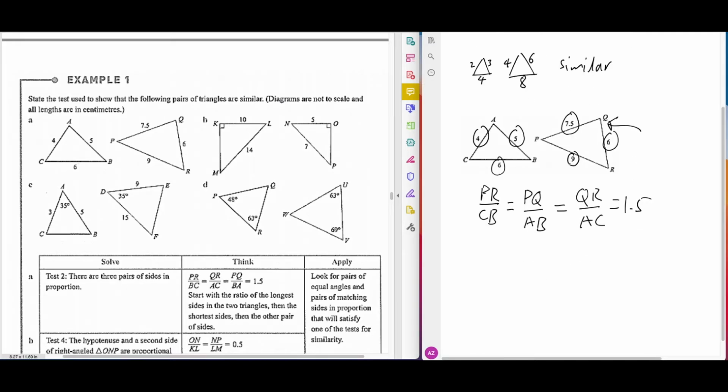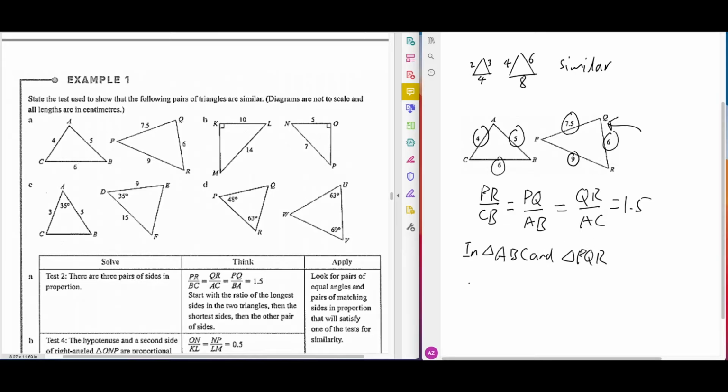So if you want to actually write the proper reasoning, this is how you will do it. Remember, when you write the reasoning for similar triangles, it's not going to be 5 steps. It's going to be a bit shorter. So for those of you that don't like writing reasoning, similar triangles will be easier for you. But you also remember to write the introduction. So in triangle ABC, and triangle, say, PQR.